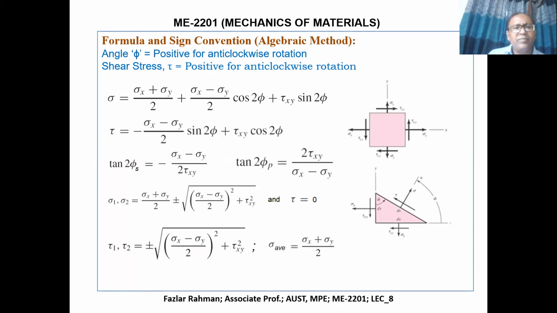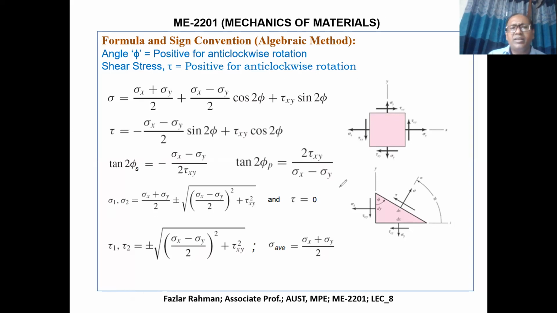So what happened? These are the formulas. I already put them over here. There are some rules in these formulas that you need to remember. One thing is the sign of sigma x and sigma y.